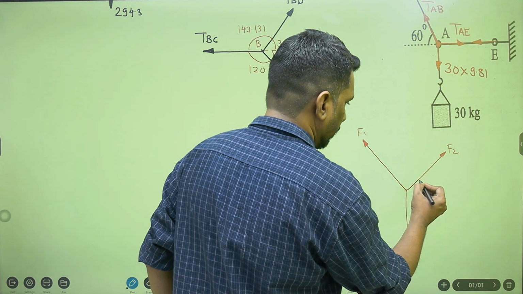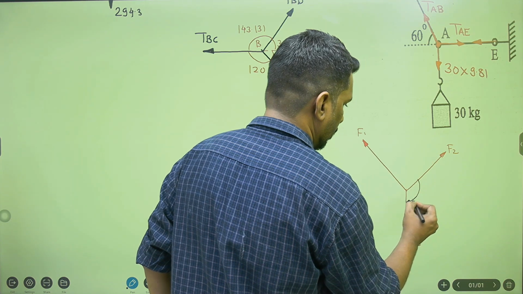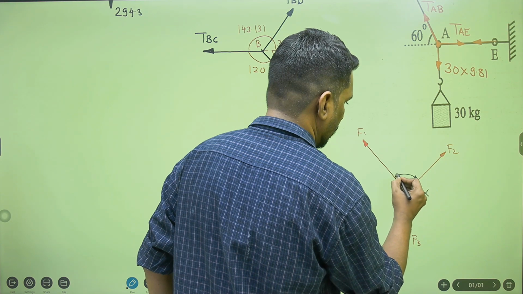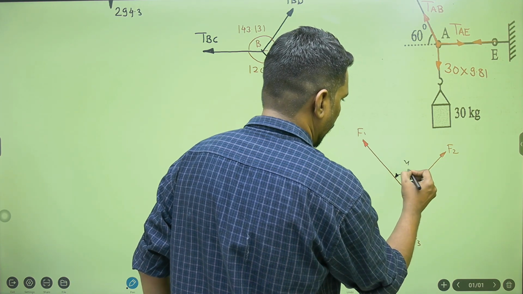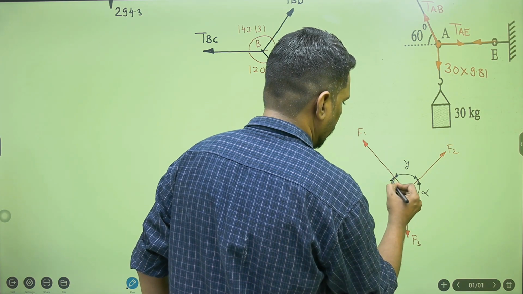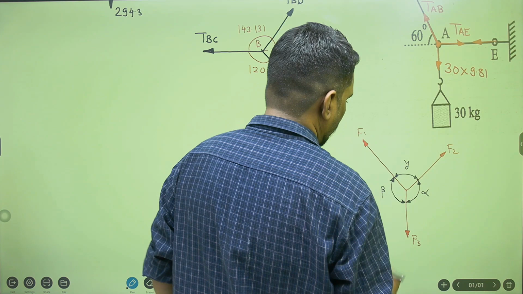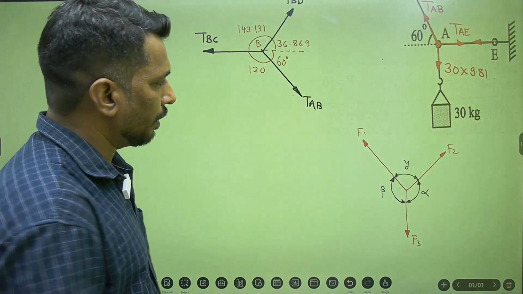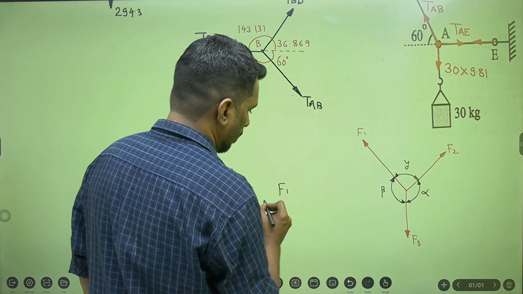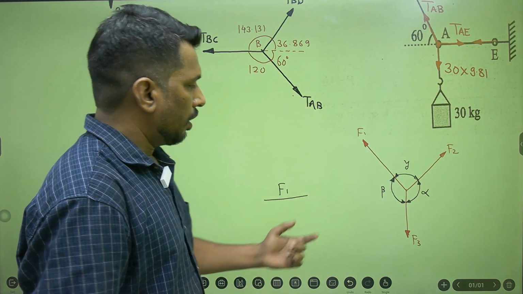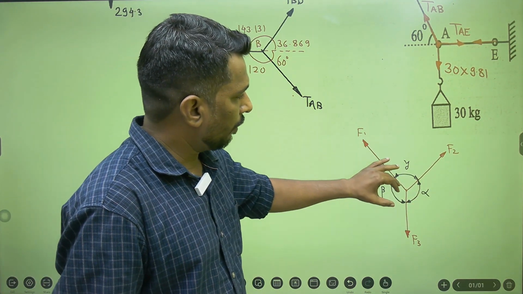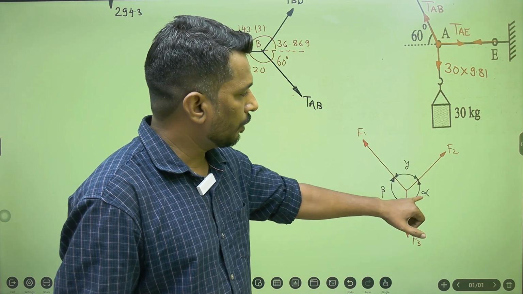this angle is alpha, this angle is gamma, let it be, and this angle is beta. So according to Lami's theorem, considering this figure, I can write here the force F1 is divided by the sine of angle between other two forces. So if I consider F1, the other two forces are F2 and F3, and the angle between these two is alpha.